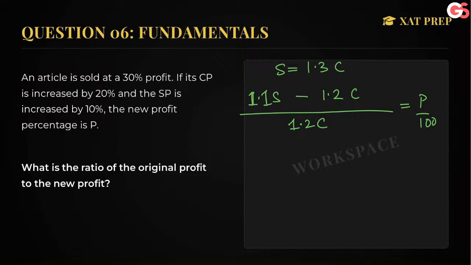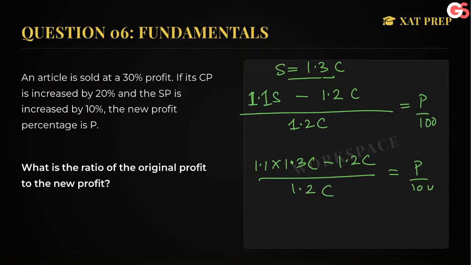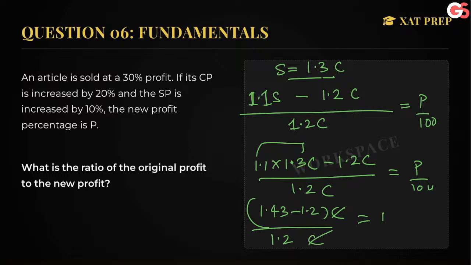Now we'll just put in the value of S in terms of C. And as you see, C will be getting cancelled out. So S is 1.3 C. We put it here, 1.1 multiplied by 1.3 C minus 1.2 C whole upon 1.2 C is basically P by 100. You see here that C and C will be cancelled, right? 1.43 minus 1.2 times C upon 1.2 times C, they got cancelled out, is P upon 100.